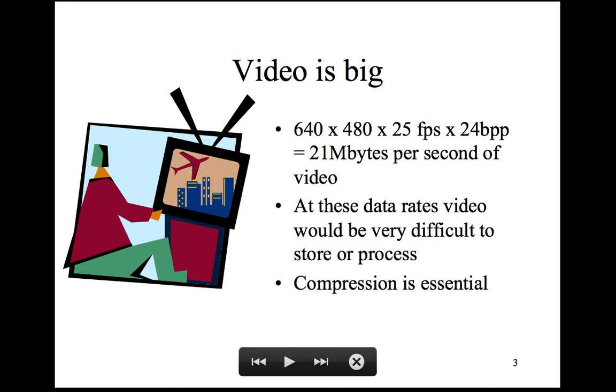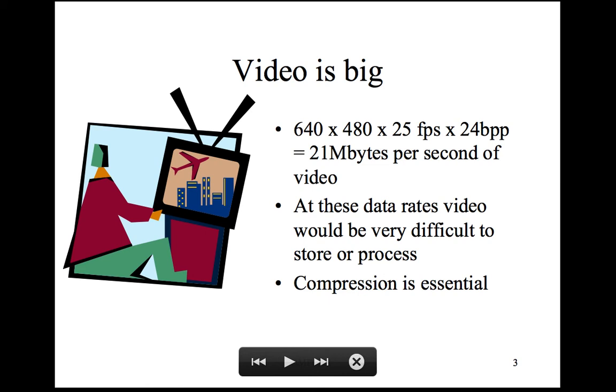So if we take even the minimum for an episode of whatever it is your poison is that you like to watch on TV, 640 by 480 pixels is the minimum you'd want to go for at 25 frames per second. If you're talking 24 bits per pixel, because it's like RGB, if that wasn't compressed, you'd be talking about 21 megabytes per second. Now, at those kind of data rates, video would be very difficult to store.